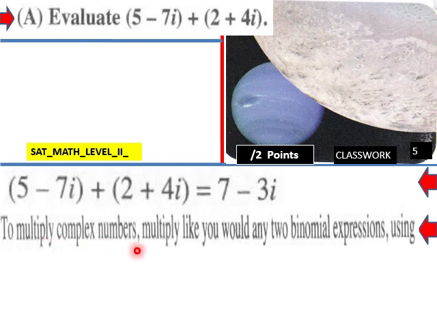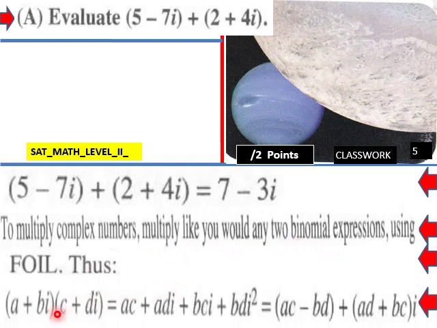Now, to multiply complex numbers, multiply like you would any two binomial expressions using FOIL. Thus, a plus bi multiplied by c plus di will equal ac plus adi plus bci plus bdi squared.